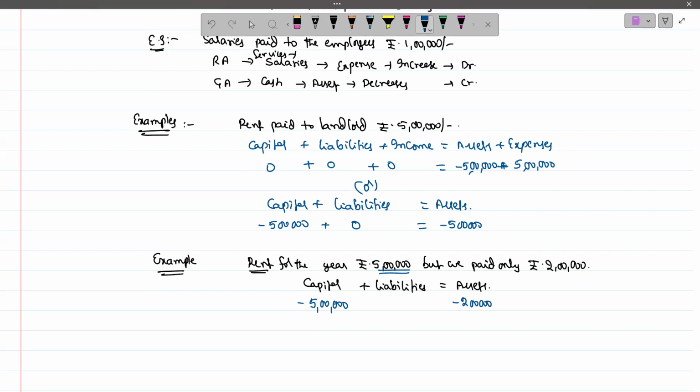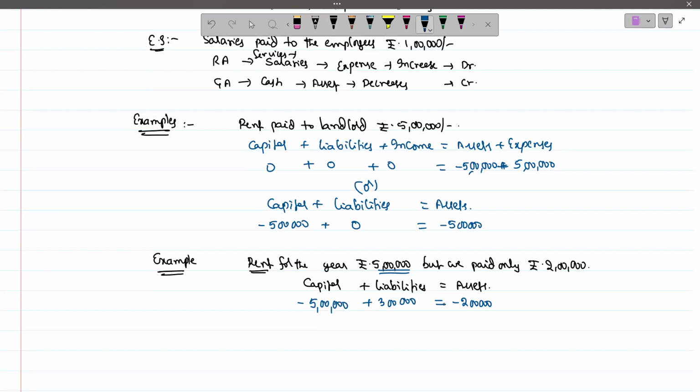The remaining 3 lakhs we have not yet paid. So the payable balance increases. The payable balance is nothing but liability. So liability is increased by 3 lakhs. This is the accounting equation. Minus 5 lakhs plus 3 lakhs is equal to minus 2 lakhs.